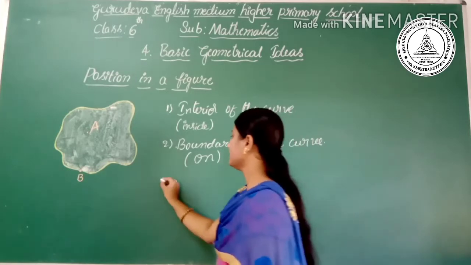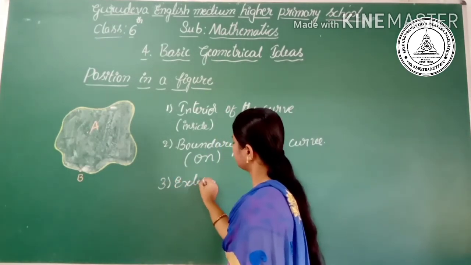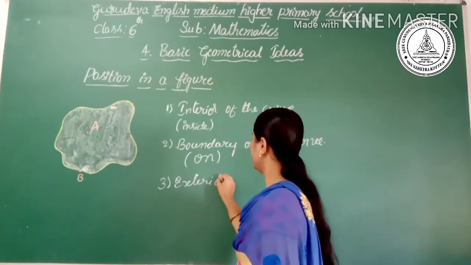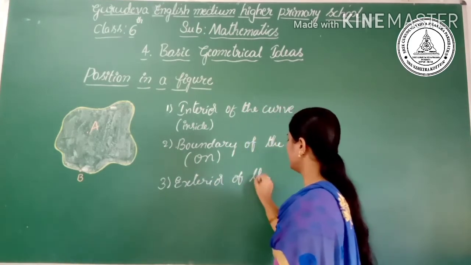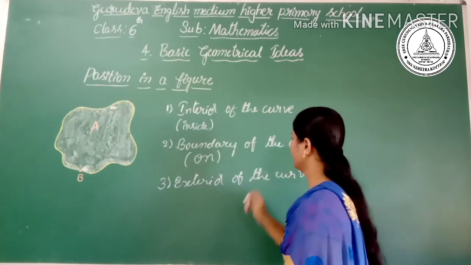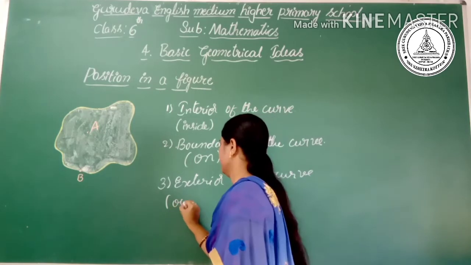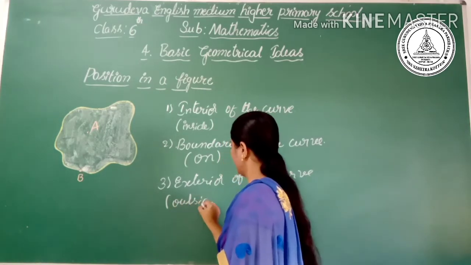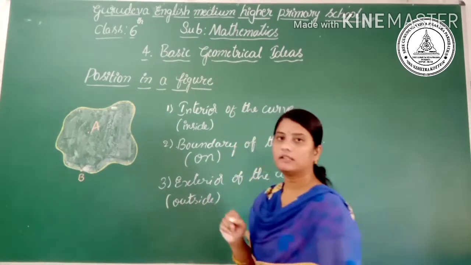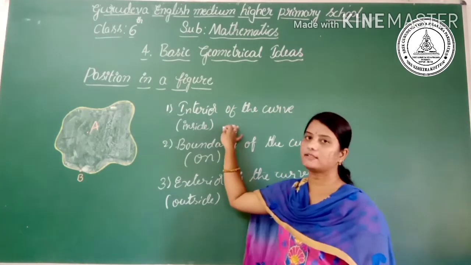The third part is the exterior of the curve. Exterior means outside the curve.